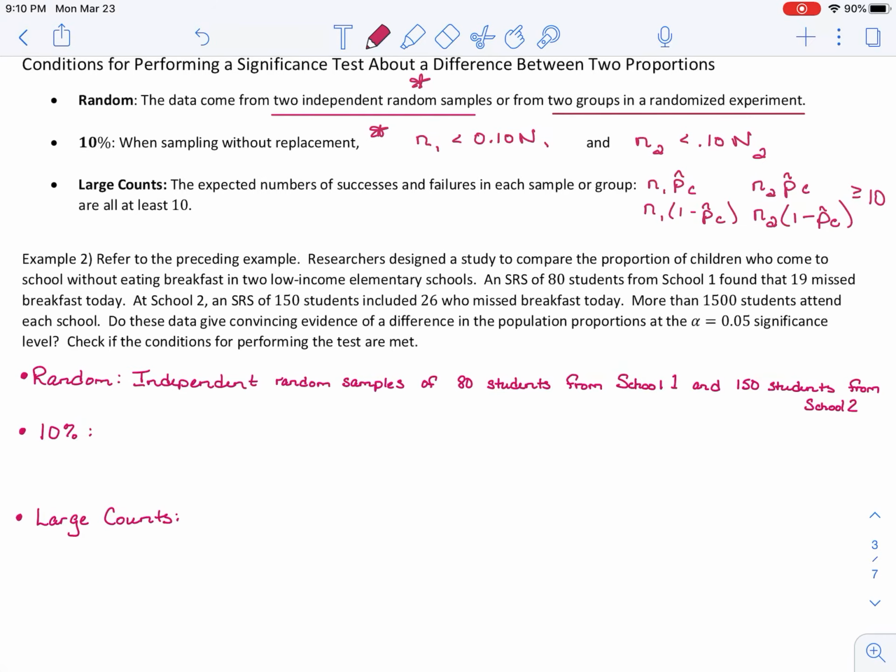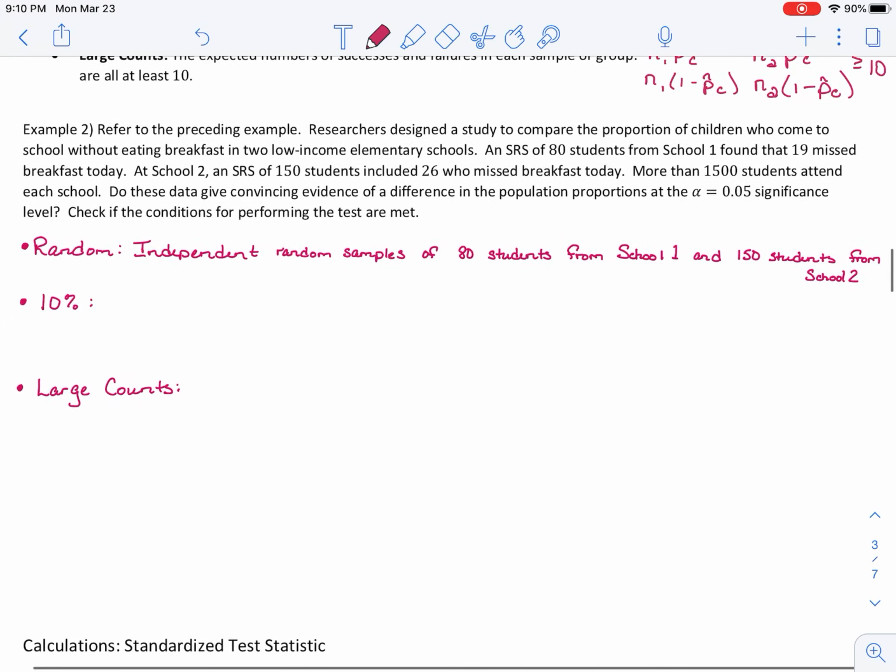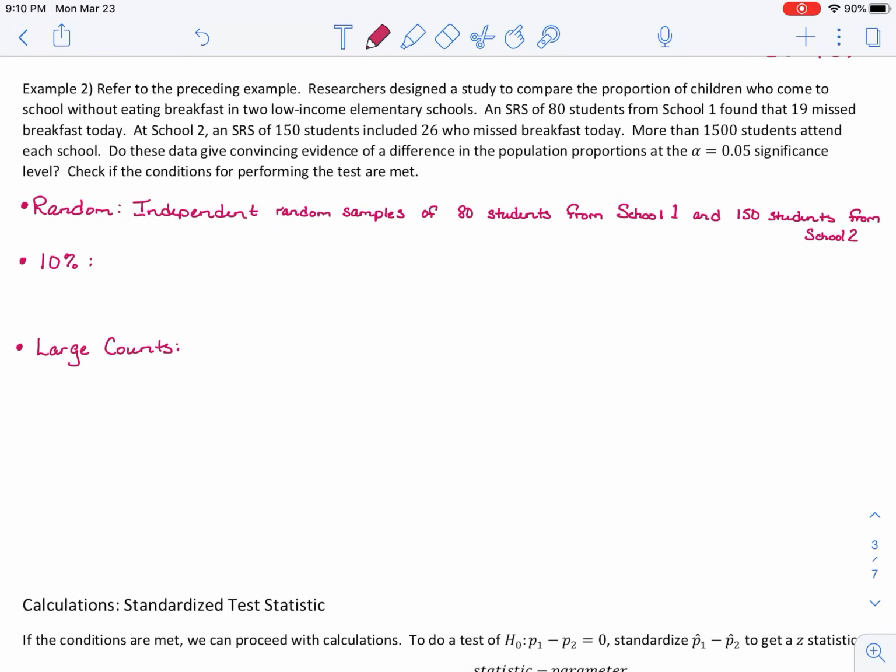So in that example with the kids at these elementary schools, we passed the random condition because it specifically said it was a simple random sample of 80. It says a simple random sample of 150. They're 2 different schools, so I can state that it is independent and they are random samples, and then I'm just being clear on what those 2 random samples were stated to be.